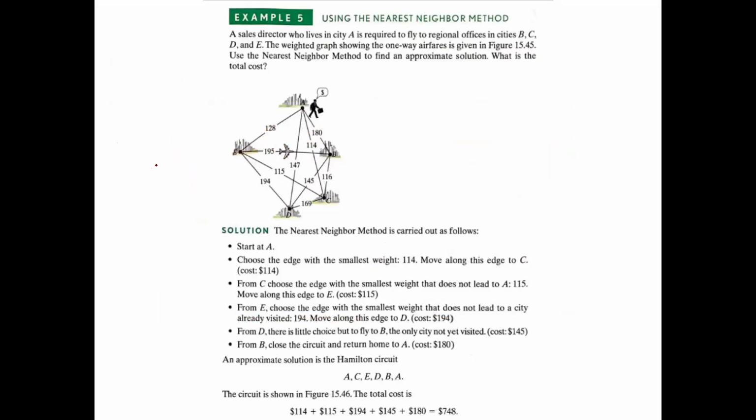It says a sales director who lives in city A, so A is right there, is required to fly to regional offices in cities B, C, D, and E. So here's E, here's A, here's B, here's C, and here's D. So you can see a little bit better. The weighted graph shows one-way airfare is given by the figure in 15.45. Use the nearest neighbor method to find the approximate solution. What is the total cost?